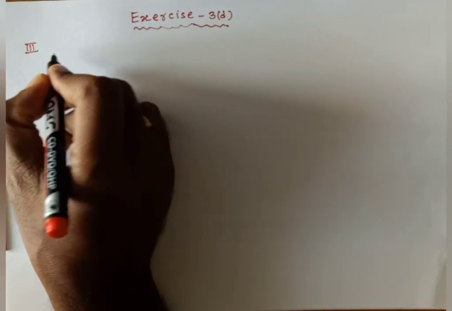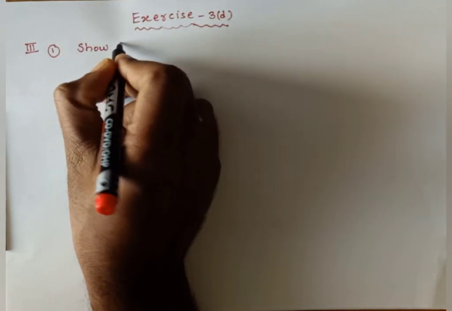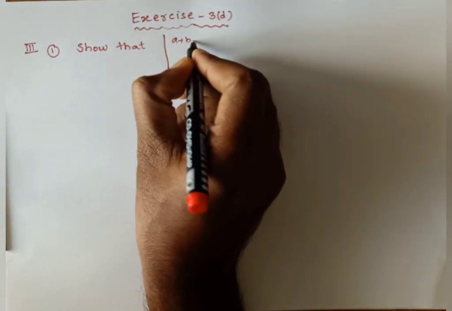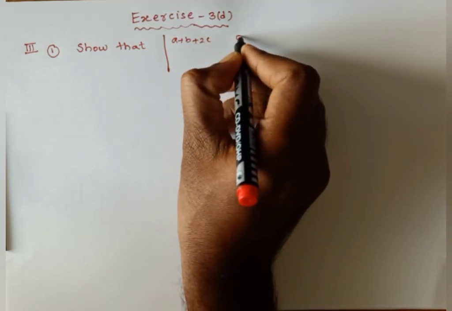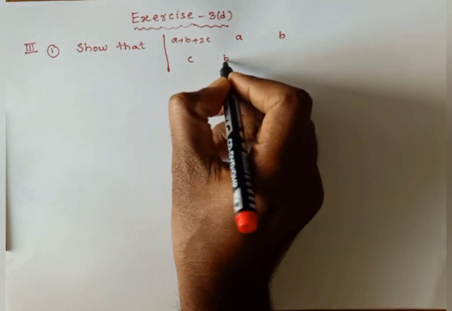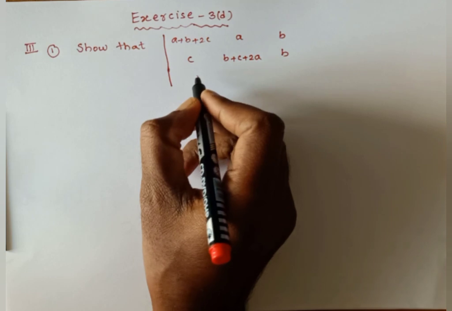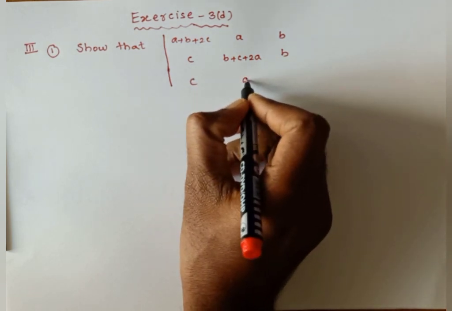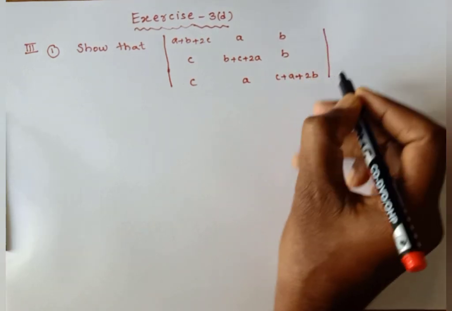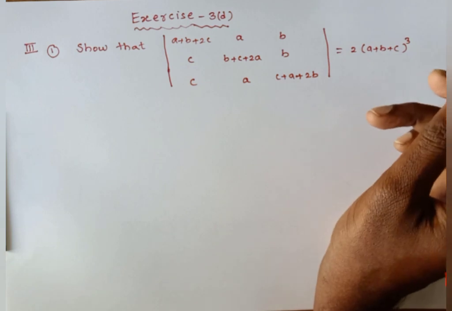Let's see number 1 and Roman 3. That is, show that the determinant of a plus b plus 2c, a, b; c, b plus c plus 2a, b; and third row c, a, c plus a plus 2b, is equal to 2 times (a plus b plus c) whole cube.